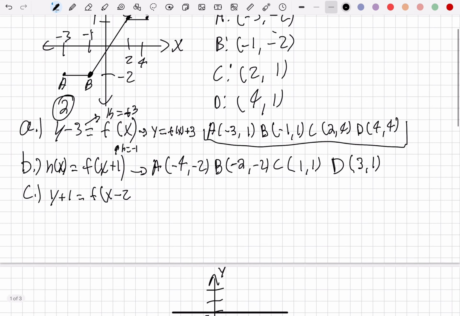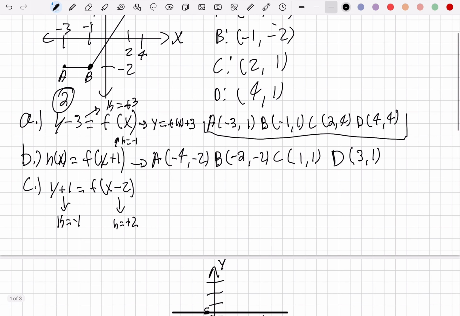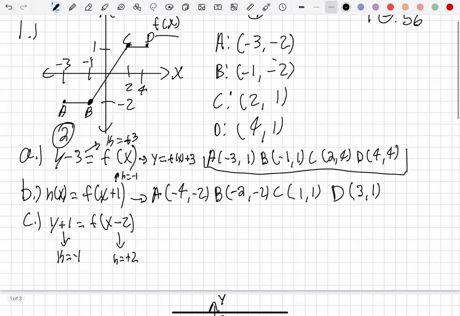Now again, if we look at C, second step, we see that we have a k value of negative 1. We also have an h value of positive 2, which means we're going to add 2 to all of our x values, and we're going to subtract 1 from all of our y. So A now becomes negative 1 and negative 3.